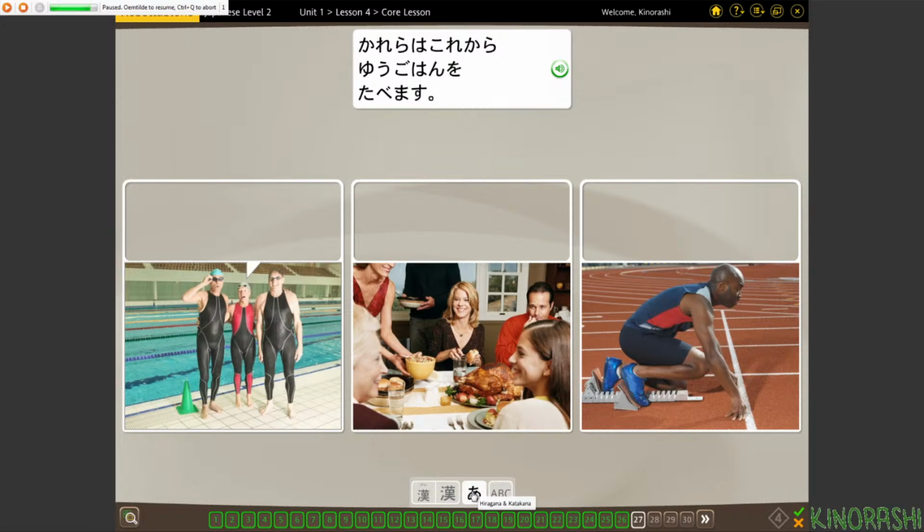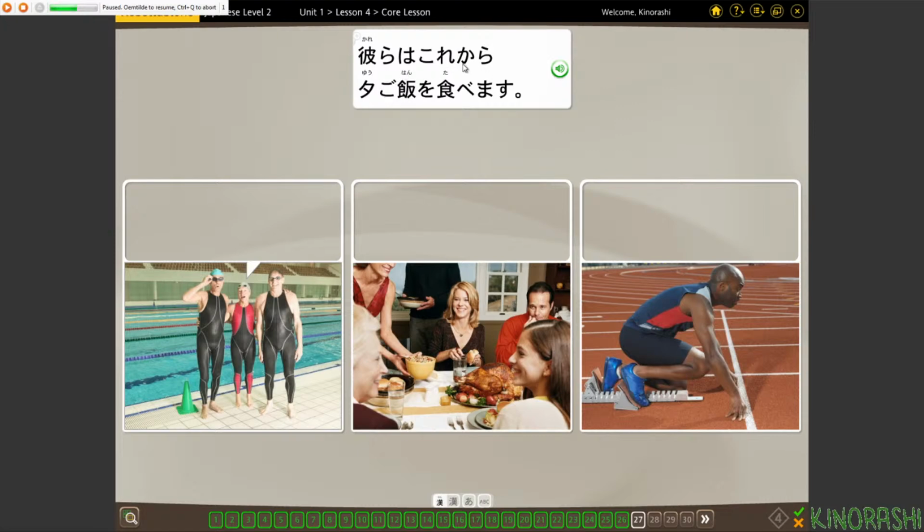彼らはこれから、let's see, 夕ご飯食べます。So, polite indicative present of eating. 夕ご飯 supper.